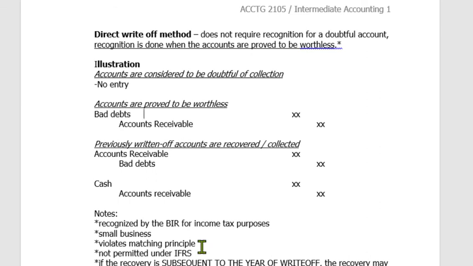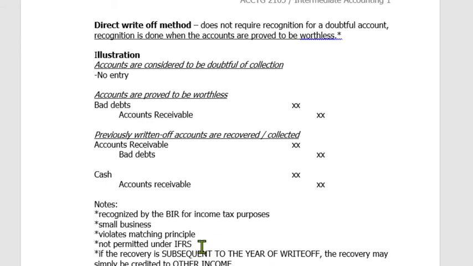Dapat dito siya sa period na to, pero dahil hindi mo siya nire-recognize as bad debts on that period, on the succeeding period mo pa siya i-recognize as an expense, hindi na niya ma-match. Hindi nagma-match yung income and expenses related to that particular transaction. Because it violates the matching principle, it is not permitted under the IFRS, the International Financial Reporting Standards.